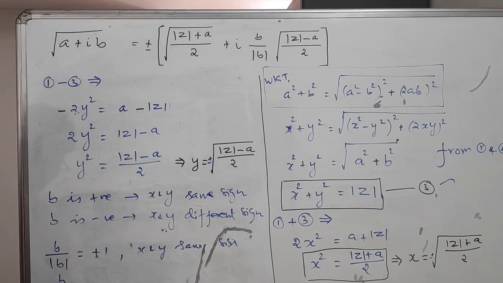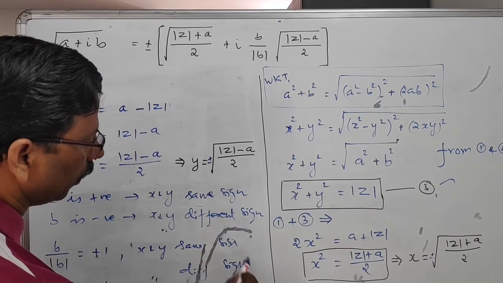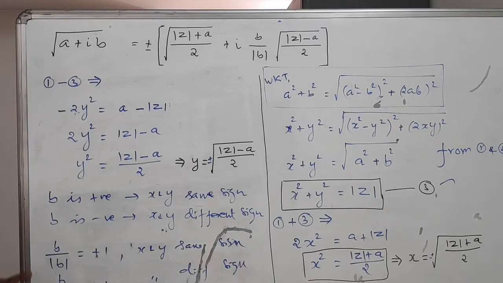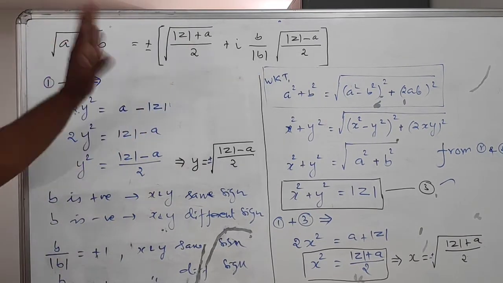This b by modulus b is negative only when x and y have different signs. This concept is required for completing this formula.